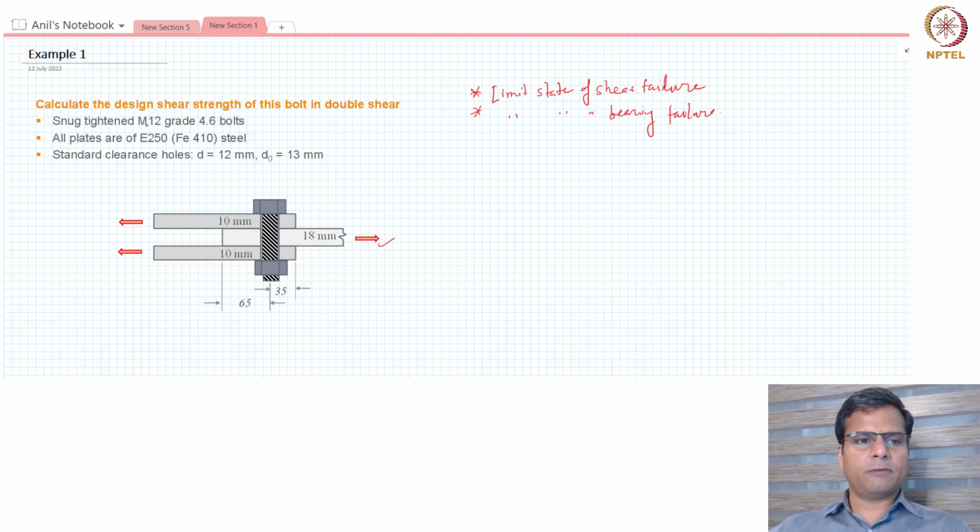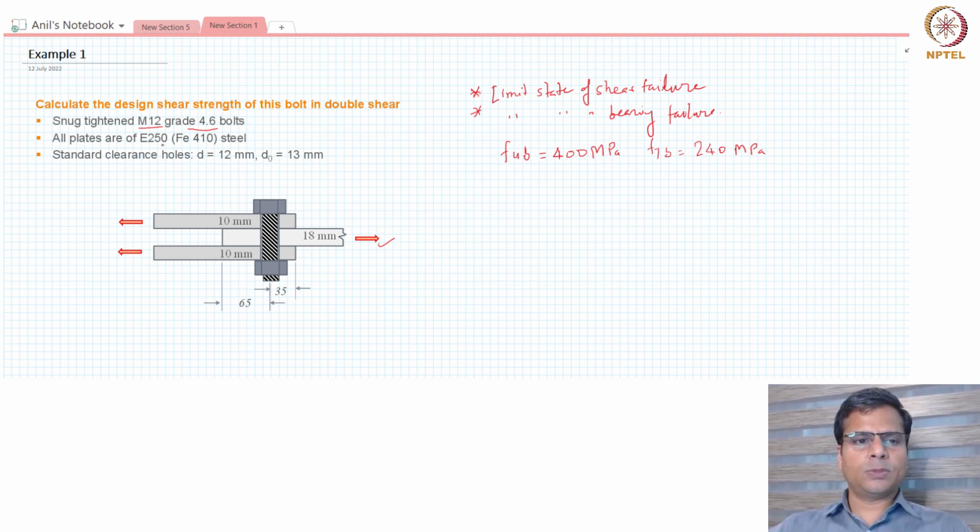Some details are given that the bolt is 12 millimeter diameter, M12 grade, and the grade of the bolt is 4.6 bolt. So 4.6 basically means that Fu of the bolt is equal to 400 MPa. Fy for the bolt is 240 MPa.